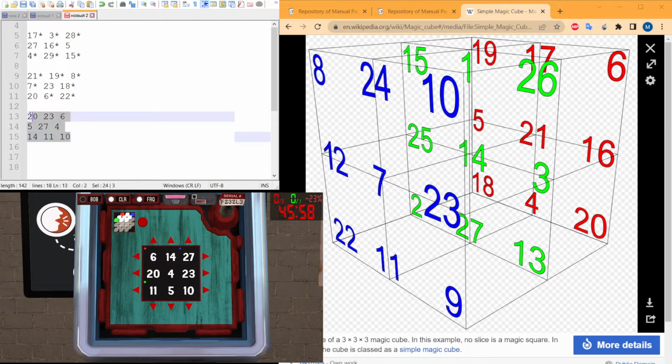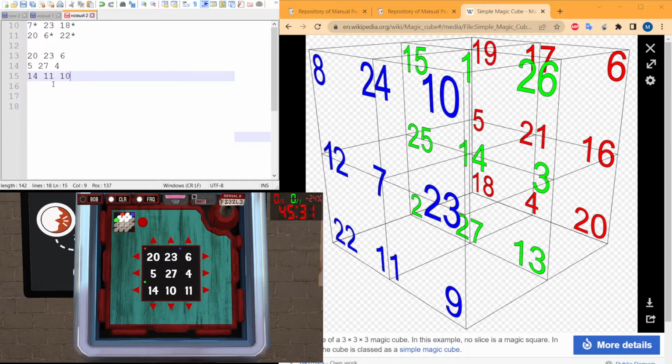So this is just for reference in which row which numbers should be after we reshuffle this square, not their actual order, just in which row they should be. So top row should have 20, 23 and 6. Middle row should have 5, 27 and 4. Oh, that's nice, they're already there. And yeah, bottom row is also filled.